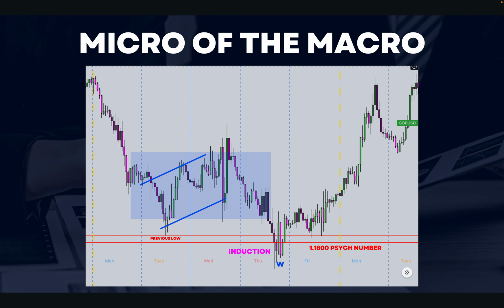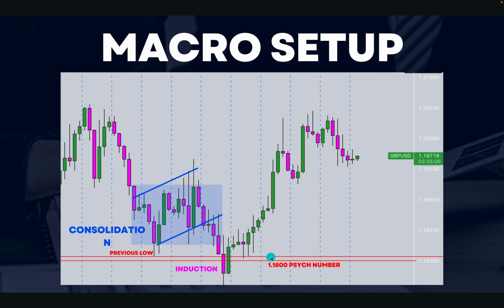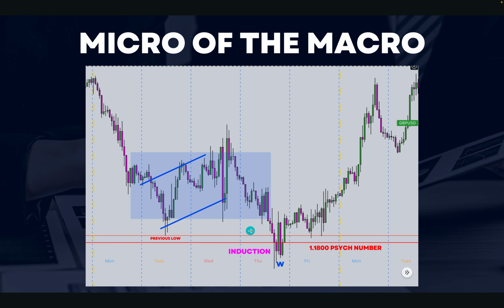If we zoom in a little bit more, so once again, this looks like a 4-hour chart. And then if we zoom into the 15-minute chart, or maybe this is the 1-hour time frame. Yep, this could be the 4-hour time frame, and this is the 1-hour time frame. We see Monday, Tuesday, Wednesday, Thursday.